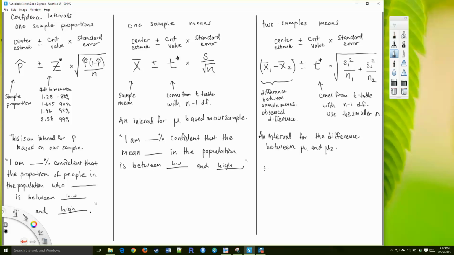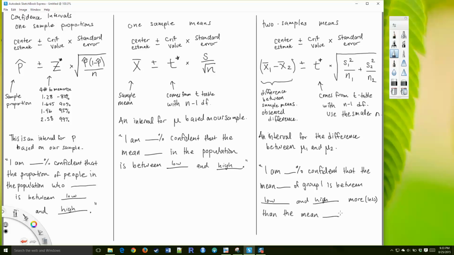And I would say I am blank % confident that the mean, whatever, of group 1 is between blank low and blank high, more or less than the mean, whatever, score of group 2.